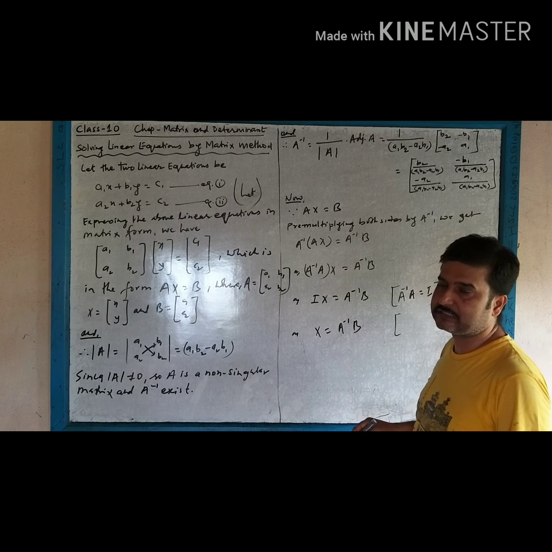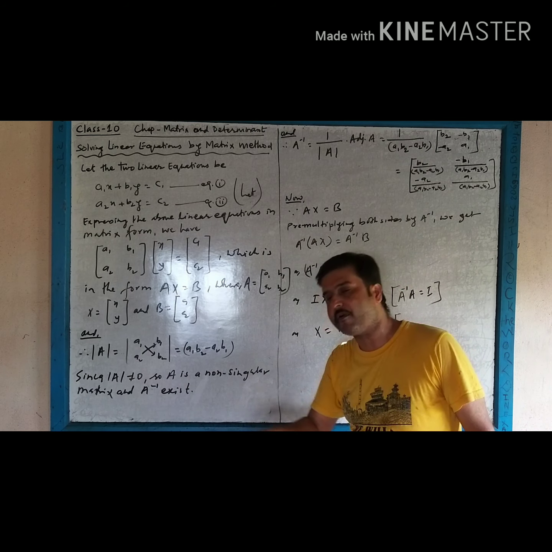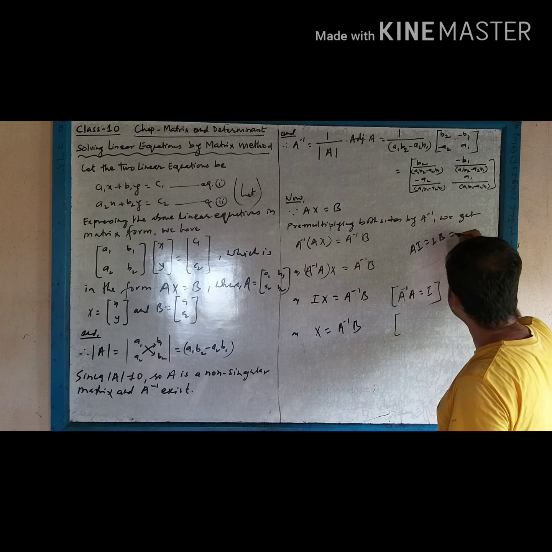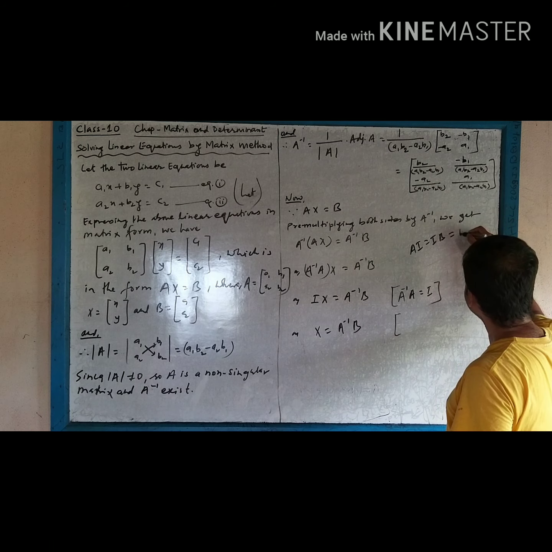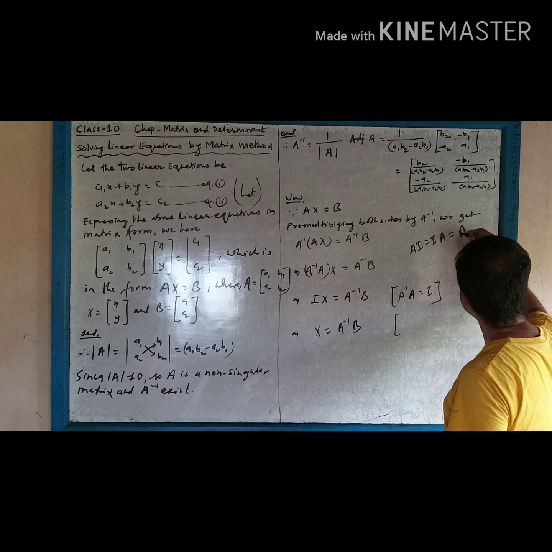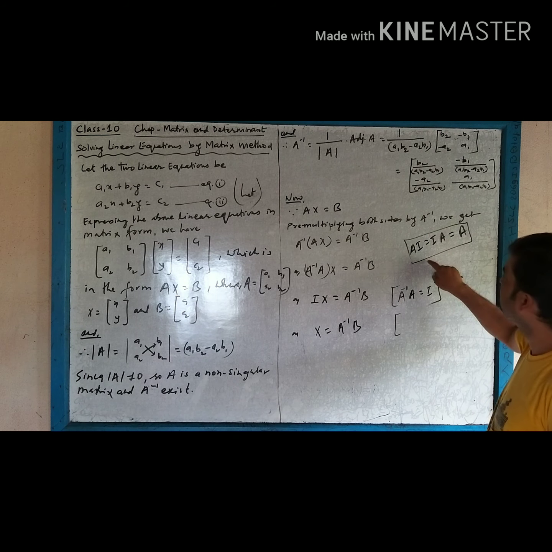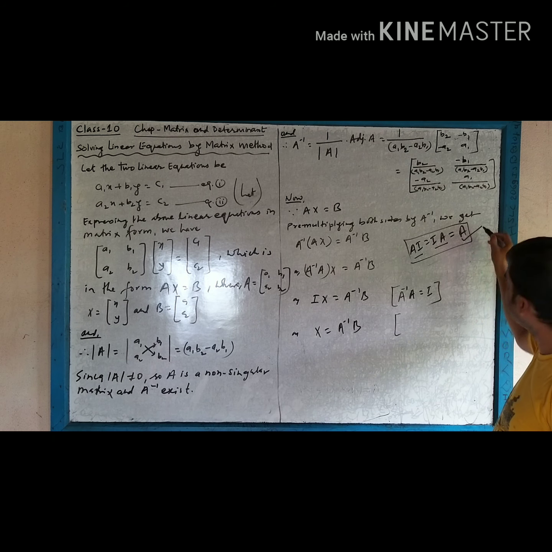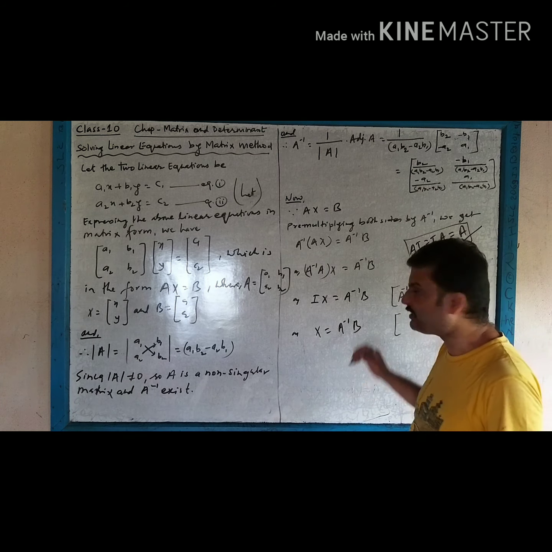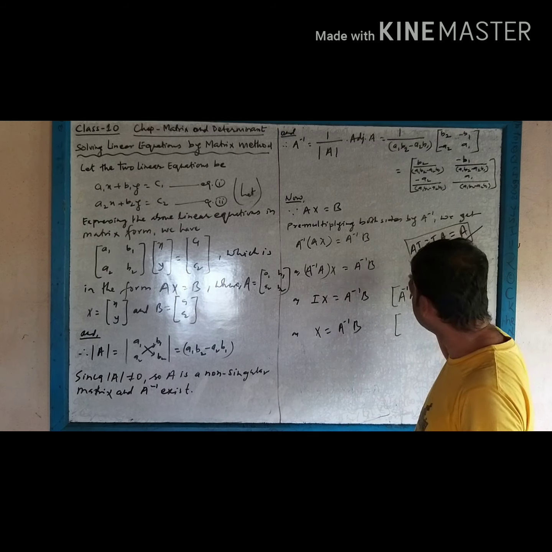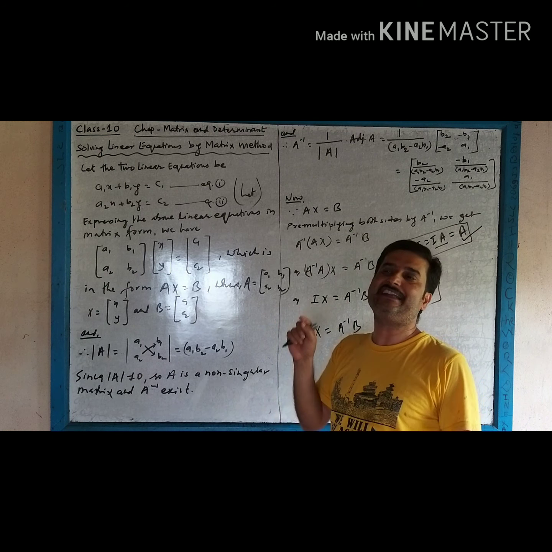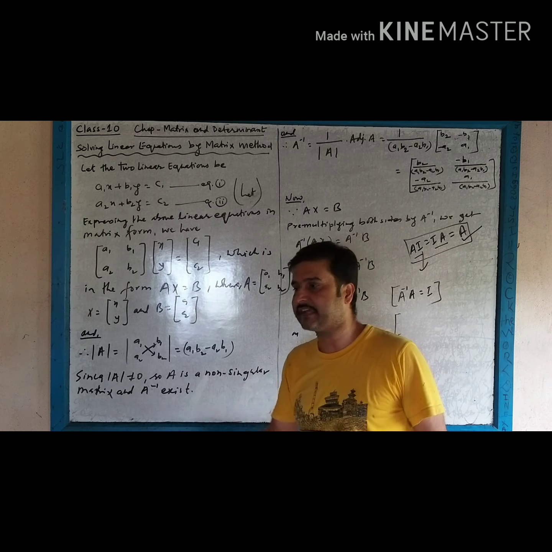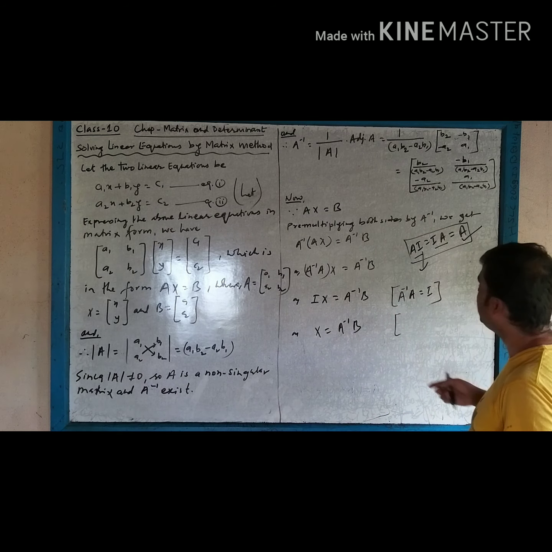If you multiply any matrix by the identity matrix of the same order, the result is that matrix. This is also a matrix multiplication property: AI is equal to IA is equal to matrix A, whether it is AI or IA, the result is the matrix itself. Here I is the identity matrix of the same order as matrix A, so I is called the multiplicative identity.